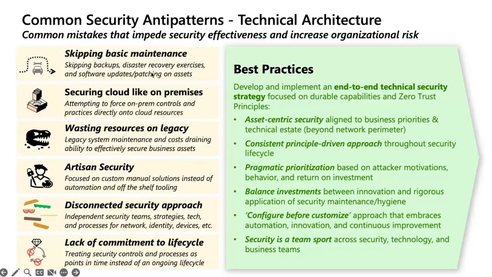Like skipping the backups, disaster recovery exercises, and software updates, patching. This should always be there. Because in new patches, in new updates, maybe the vendor is presenting different kinds of security patches that will resolve any kind of issues or challenges, or maybe that security patch is going to prevent future attacks. So you should always follow these kinds of activities. But if you're skipping it, this is a kind of anti-pattern.